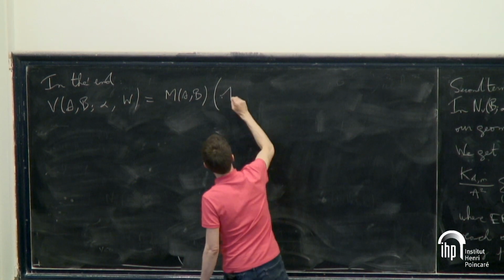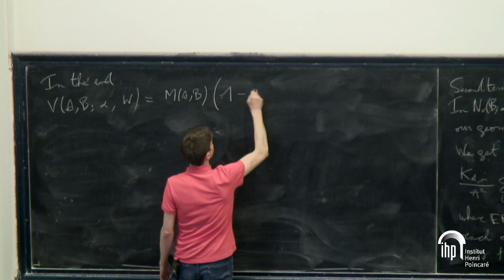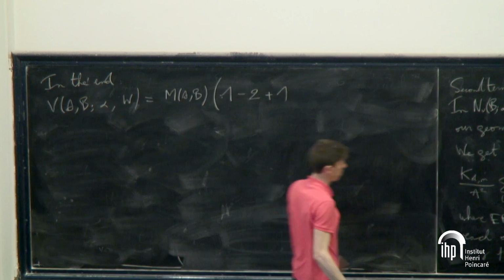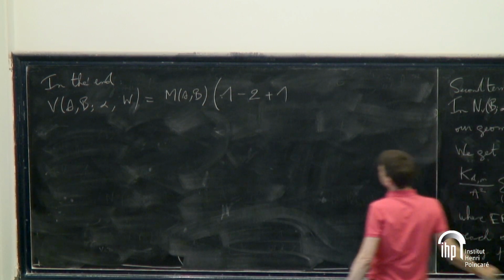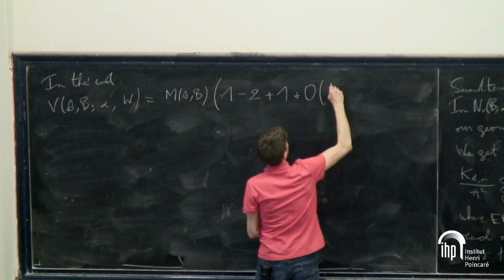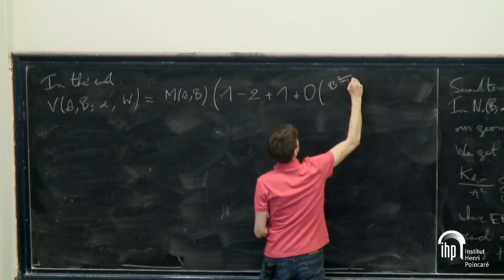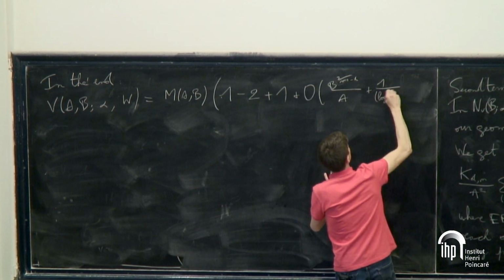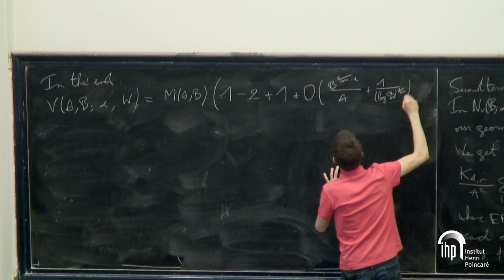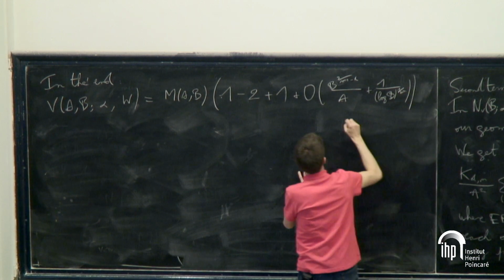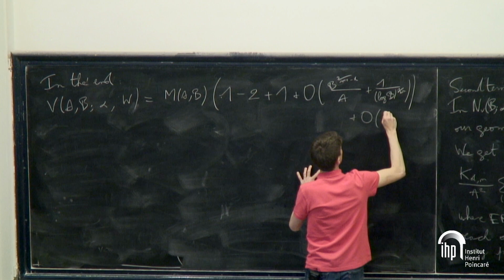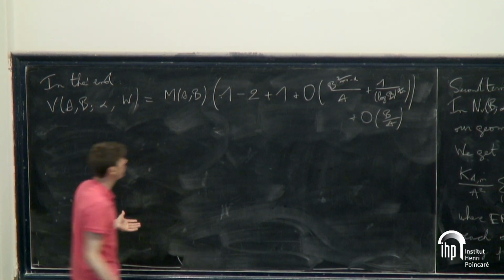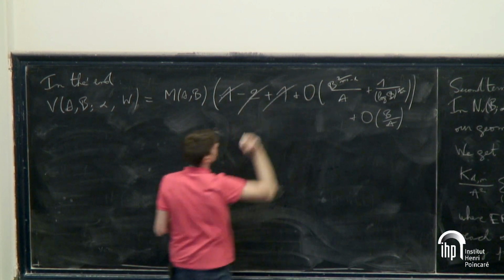For the first term we have +1, then we have -2, which comes from the mixed term, and then a +1 again, which comes from the pure localized term, plus the error, b to the 2 over n plus 1 minus d over a, plus 1 over log b to the 1 over 2n, okay, plus big O of b over a. And now the magic happens. Beautiful.